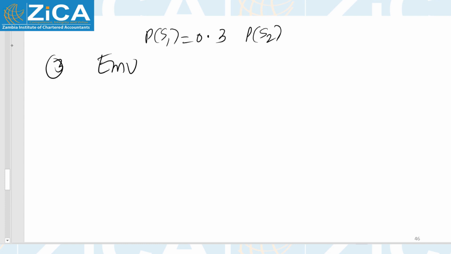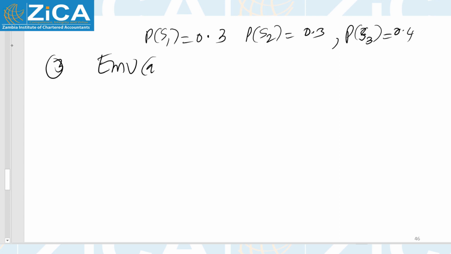Then 3, using the expected monetary value. For the first action, in the states of nature you are given the probability of S1 as 0.3, the probability of S2 as 0.3, and the probability of S3 as 0.4.